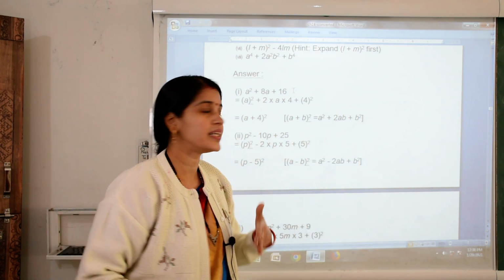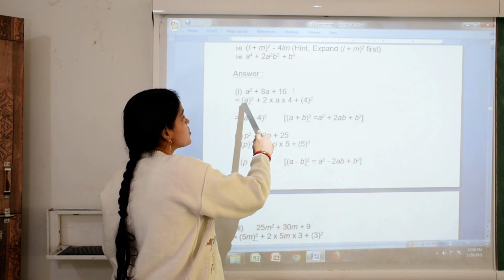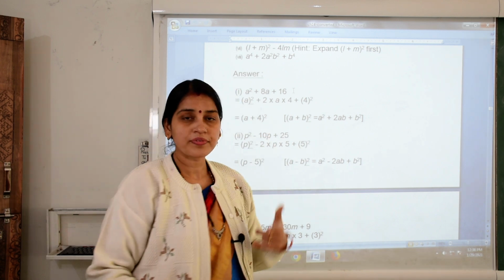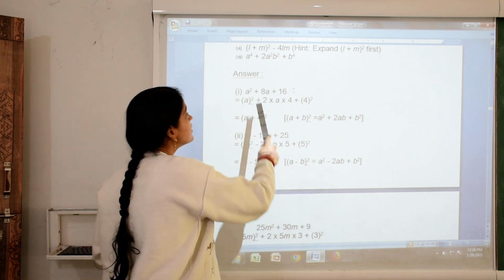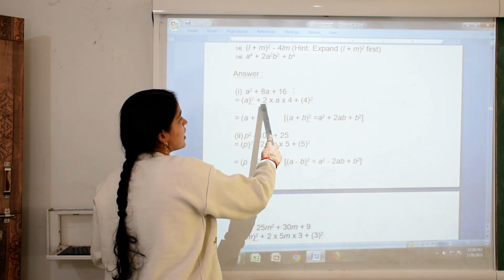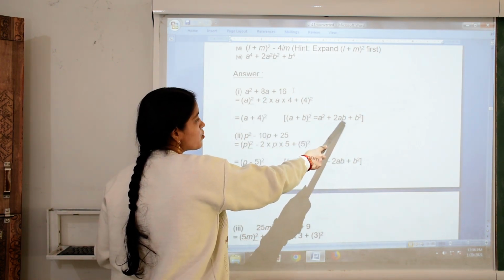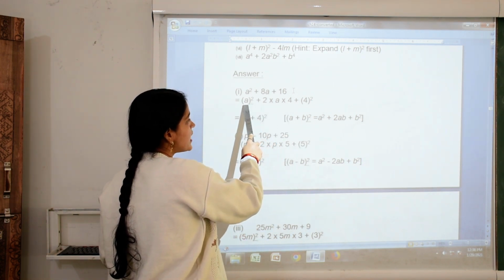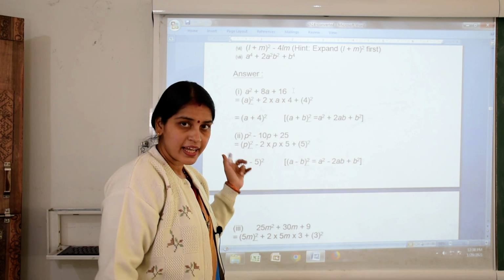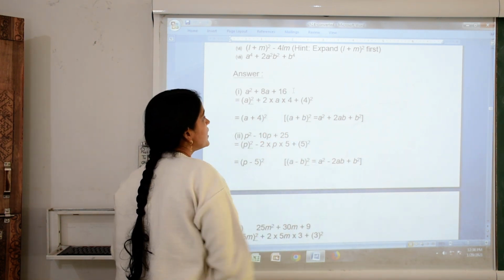First we have to convert it, like a square. So a square is the square of what? Of a. Then plus, according to the identity, it is 2ab. So in the center 2. What is a here? a is a. Then we have to identify b.